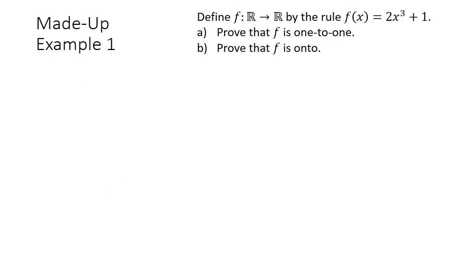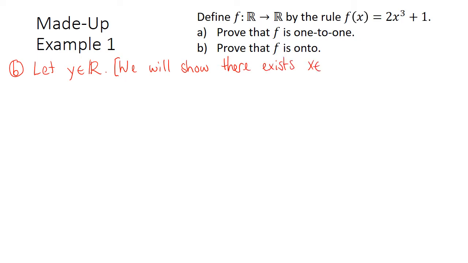Okay, so now let's do part B, prove that f is onto. So this is a little more challenging, I think. What you want to do is let little y be in the codomain, which in this case is the real numbers. And then your goal is to show that there exists some little x in the domain, which again is the real numbers, such that if we plug little x into the function, we get little y.